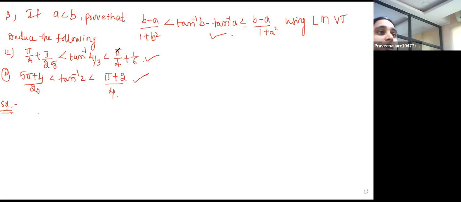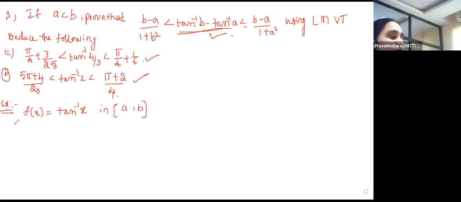Once you observe the question, we have to prove (b minus a)/(1 plus b square) is less than tan inverse b minus tan inverse a, which is less than (b minus a)/(1 plus a square). In between, the expression is tan inverse b minus tan inverse a. From that, assume the function f of x is equal to tan inverse x, in the interval a comma b.